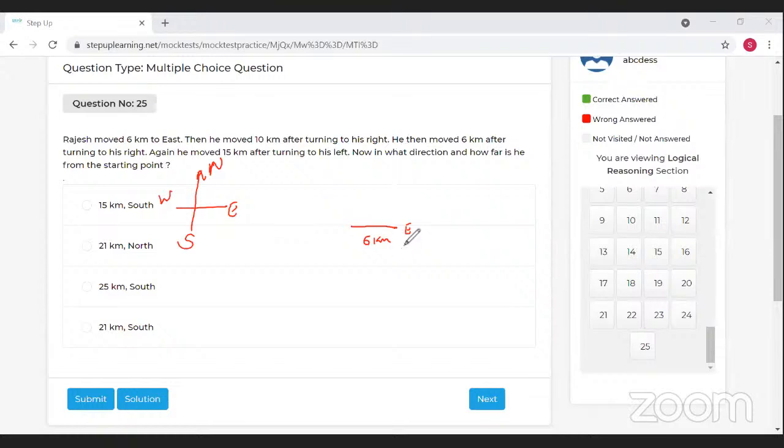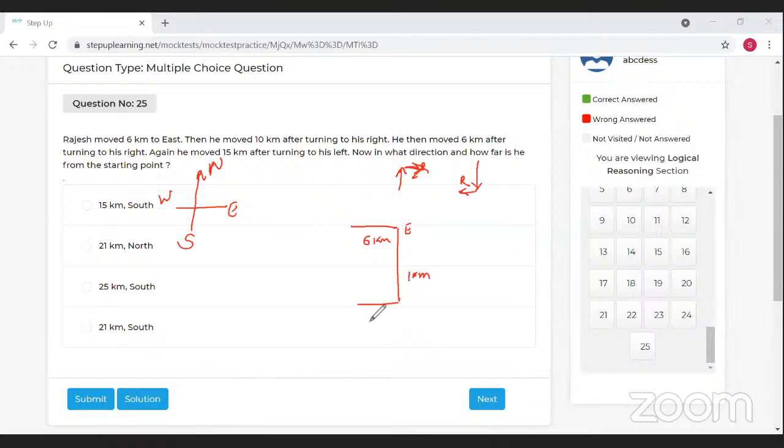It will be down. Then he moved 6 kilometers after turning to his right. Now where will his right be? Correct, because if you're moving in this direction, your right is this side, and if you're moving in the opposite direction, your right will be this side.